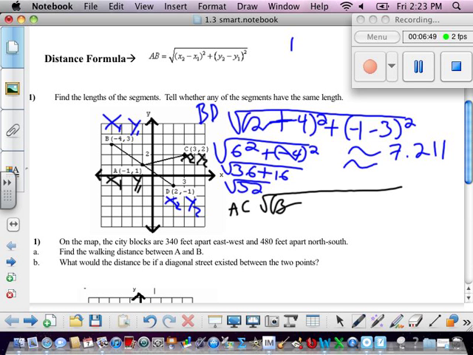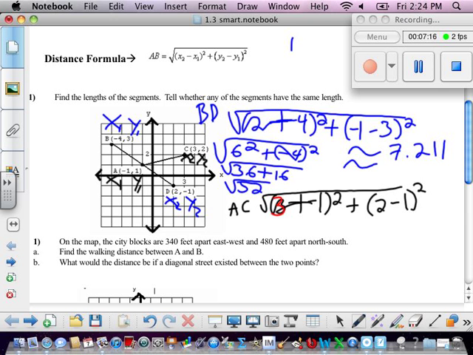Minus, what is x1? Negative 1. Good, Austin. And 2 negatives make a positive. Again, this is supposed to be a 3 right here. Sorry that it's not very legible. Squared plus, what's y2? 2. Minus y1, which is 1, squared.